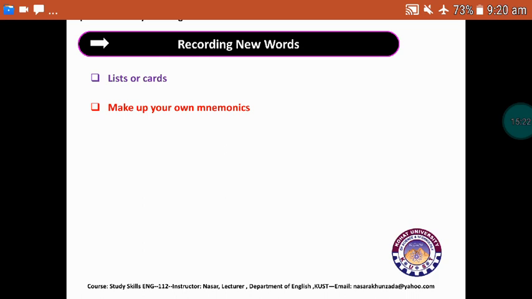Beware that the task of making up the memory device doesn't take longer than it would to learn the word another way. The keyword system is one mnemonic that is frequently mentioned in books on vocabulary learning.